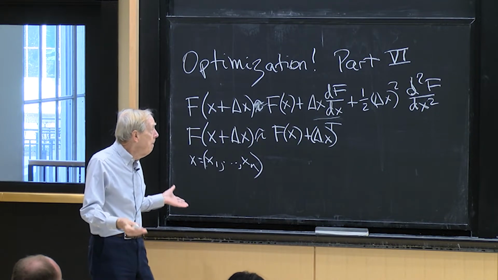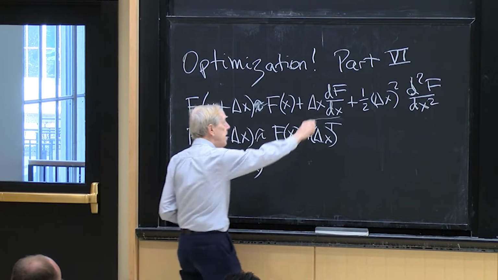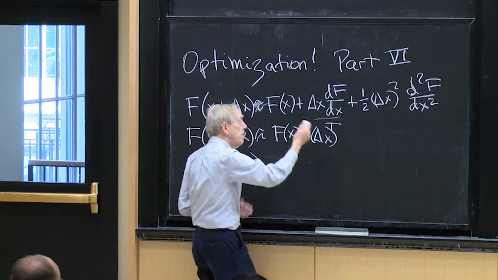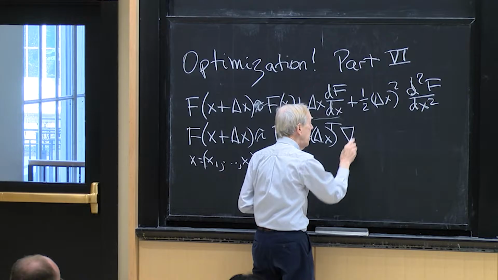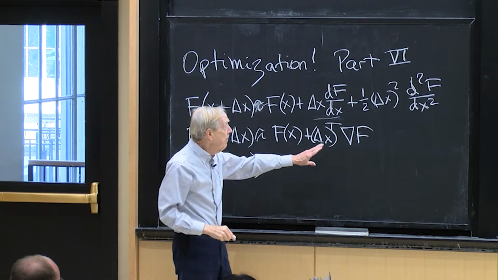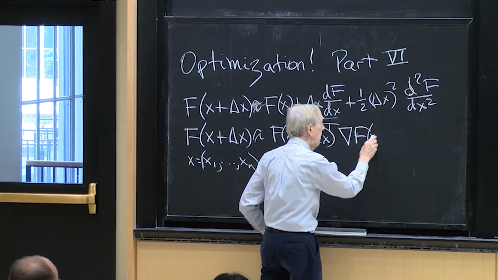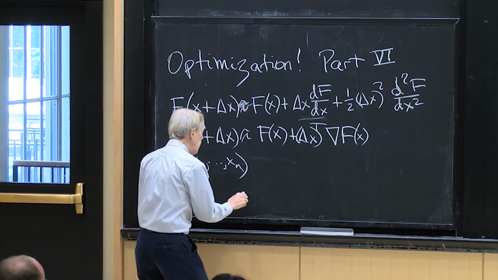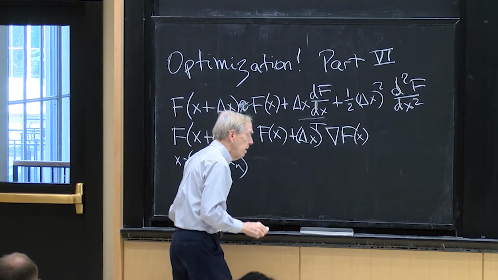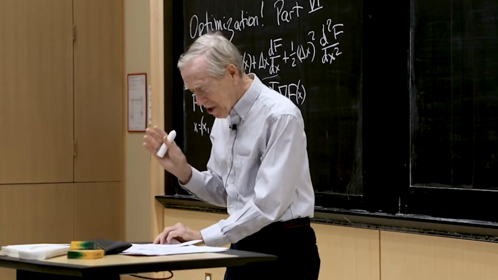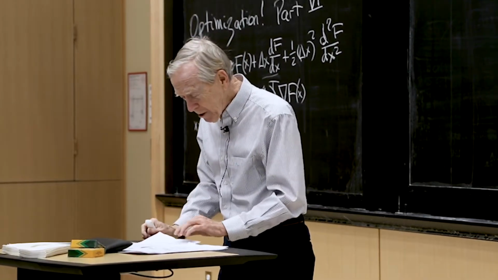Now I'm replacing this by all the derivatives. It's the gradient. So the gradient of f at x is the derivatives. It's essential to get the notation straight here.